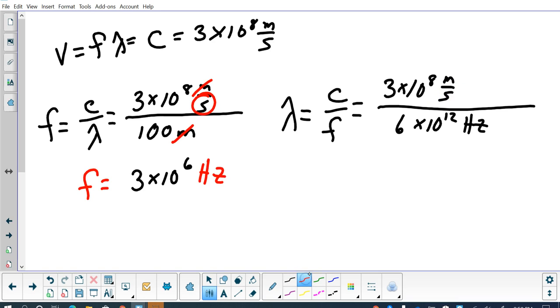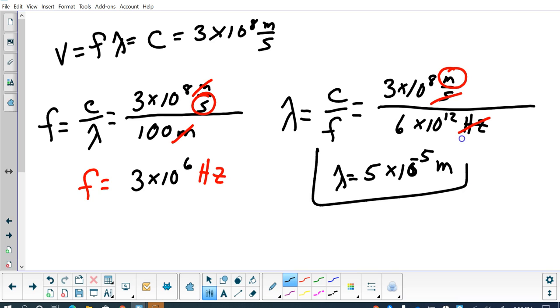But in this case, hertz, reciprocal seconds, cancel those, and we end up with meters. If you take 3 times 10 to the 8th and divide it by 6 times 10 to the 12th, notice that the denominator is much bigger. You're going to get a wavelength which is really small, which is going to be 5 times 10 to the negative 5th meters.